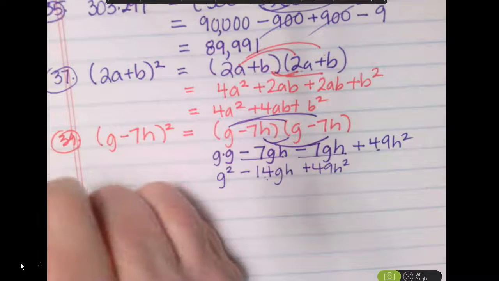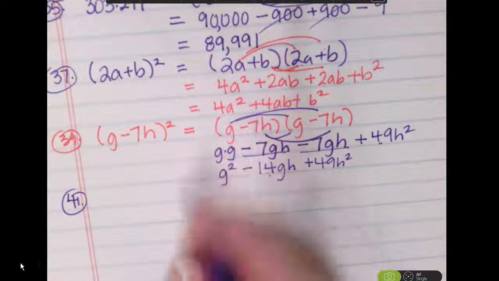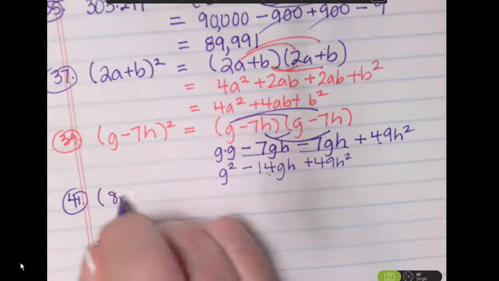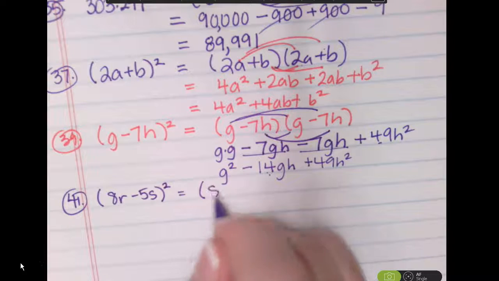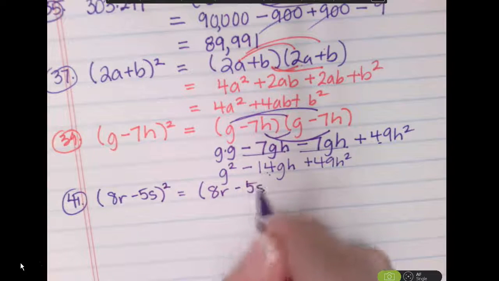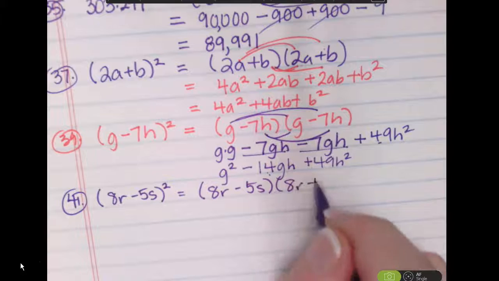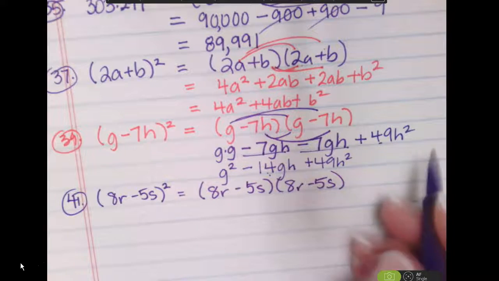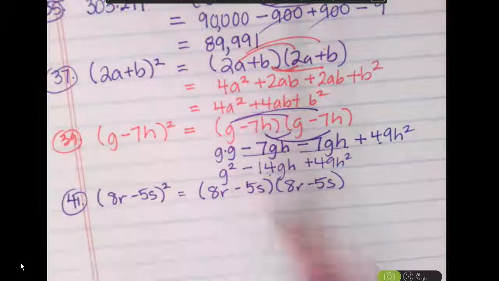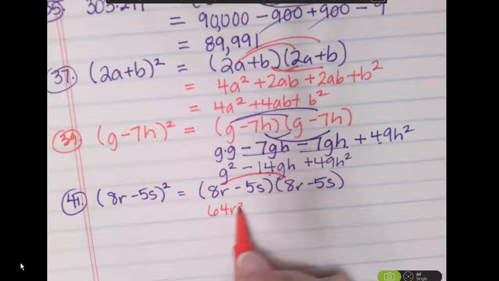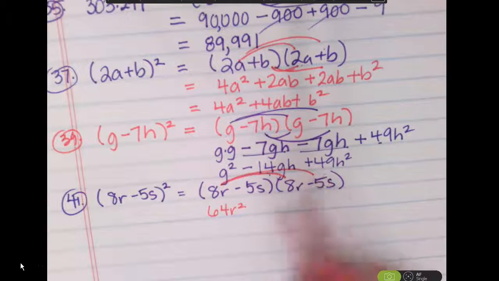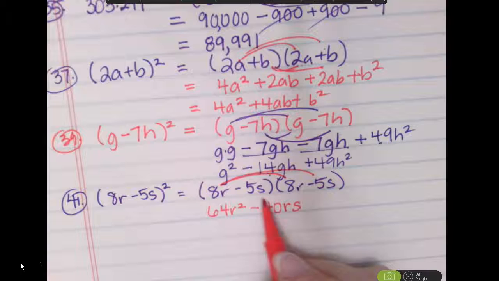So last one, number 41, 8r minus 5s squared. So I'll expand it out, 8r minus 5s, 8r minus 5s, and show my distribution. So 8r times 8r is 64r squared. 8r times minus 5s is minus 40rs.